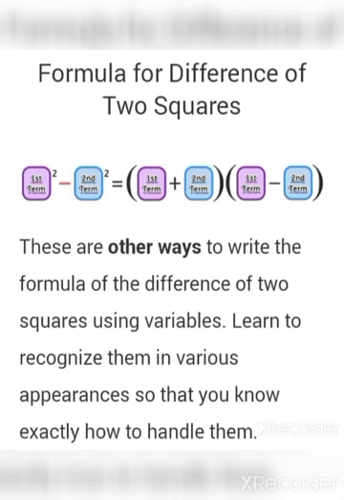So the formula for difference of two squares, that is first term square minus second term square, is equal to first term plus second term multiplied with first term minus second term. These are other ways to write the formula using variables. Learn to recognize them in various appearances so that you know exactly how to handle them.